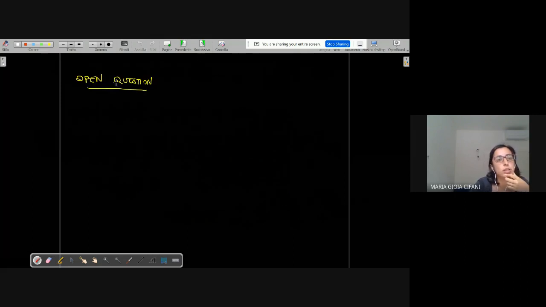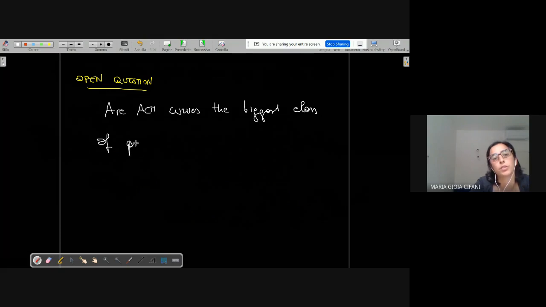So one of the questions, at least for me, is whether ACM curves are the biggest class, I don't know, of perfect curves. We don't know.